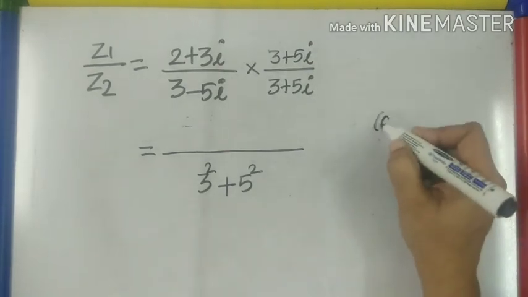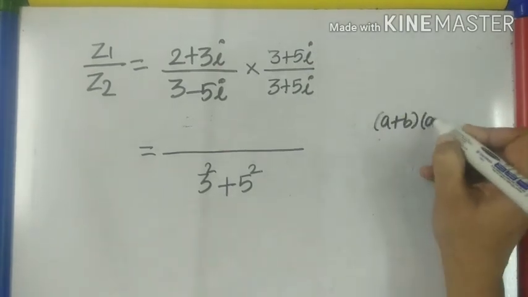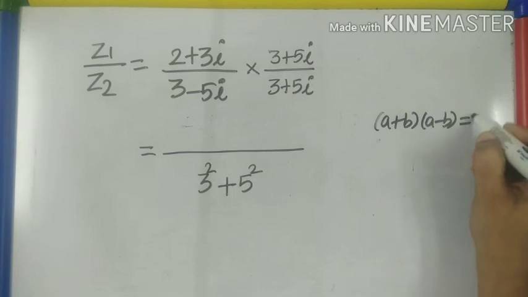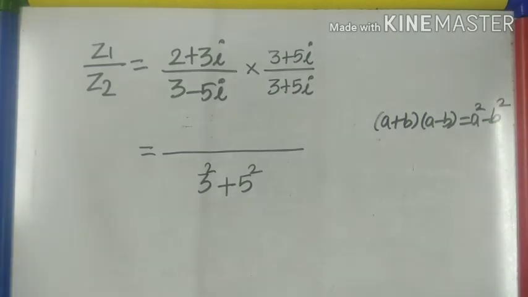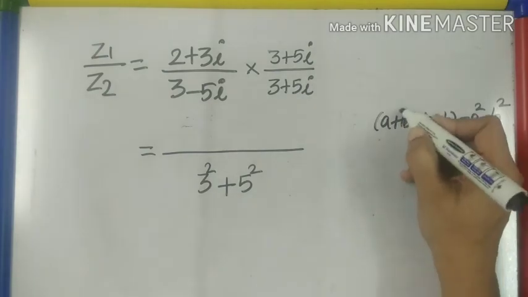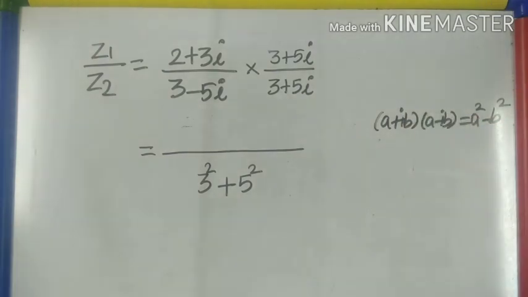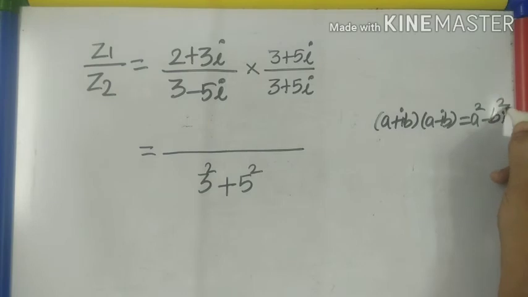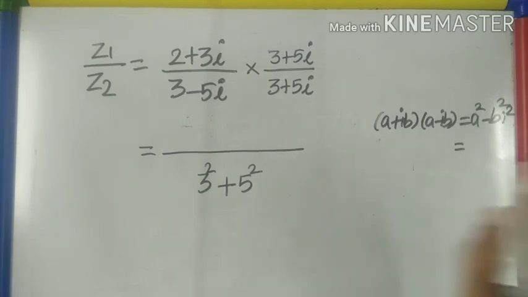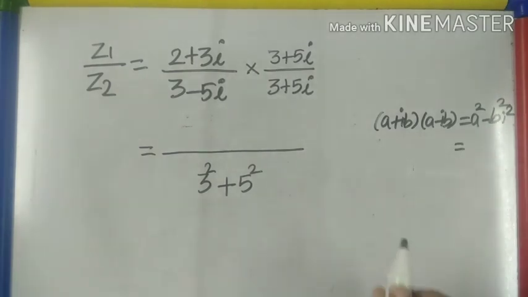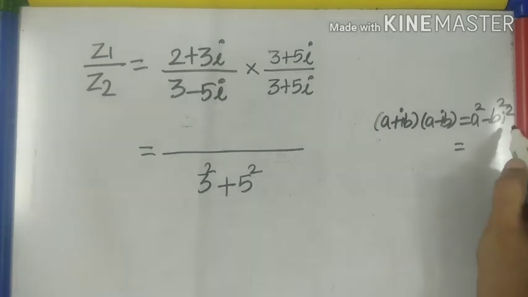Usually in maths, a plus b into a minus b will yield a square minus b square. But in this problem, I have i extra fitting. So this will be i square b square. And what is i square? I square is minus 1. So minus 1 into minus b square means it is plus b square.